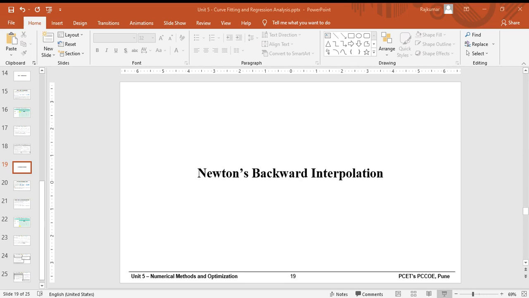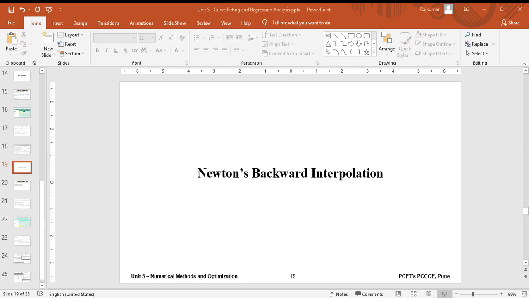So these are the differences you can find between Newton's forward and backward interpolation. By comparing these, you can memorize these formulas or develop them for a given problem.